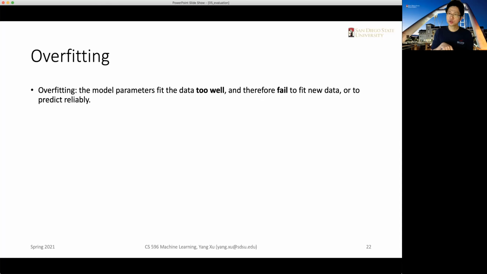The issue of overfitting usually happens when the model fits the data too well. Okay, so because the parameters almost fit the training data perfectly, they would sometimes fail to fit new data or to fit the unseen data.